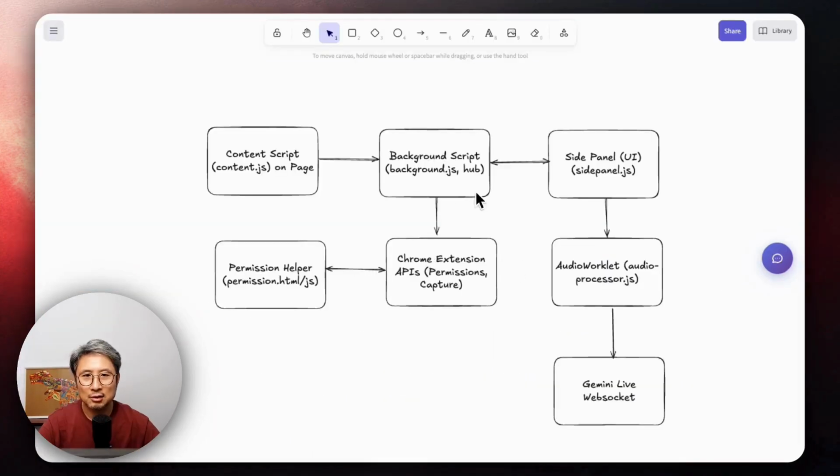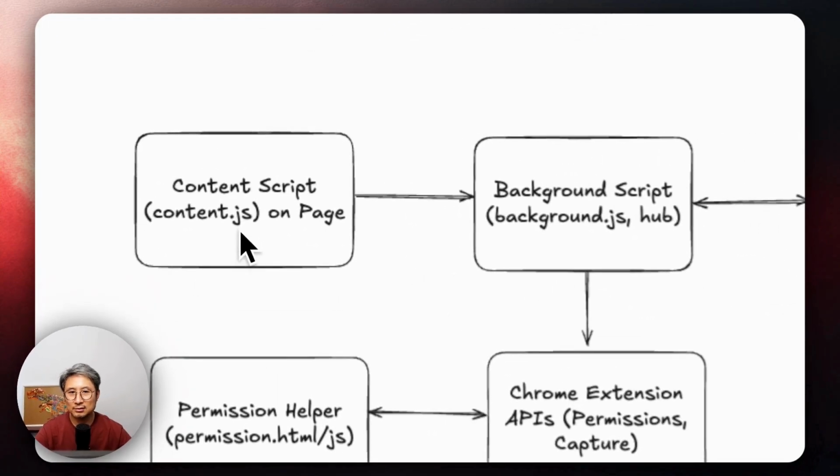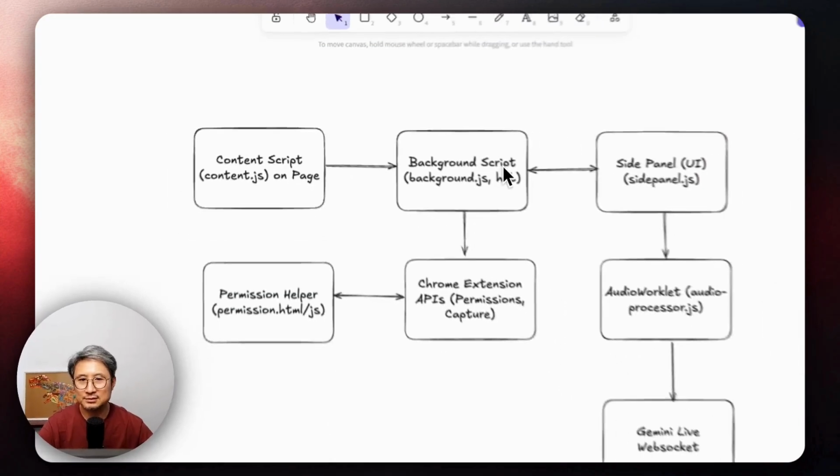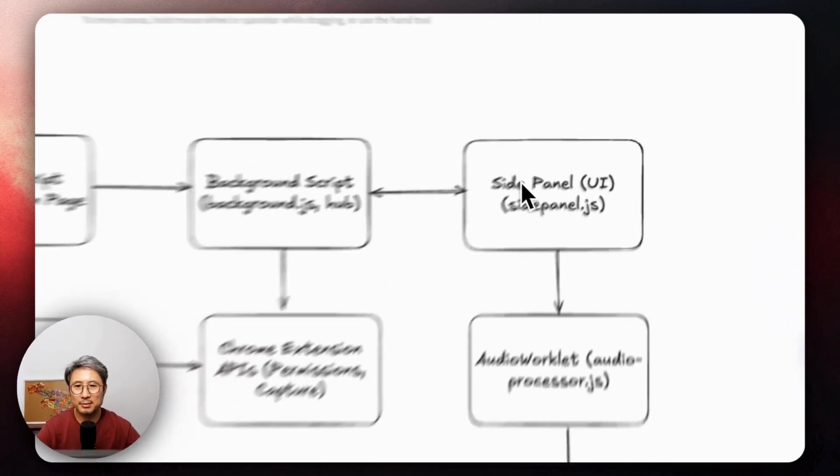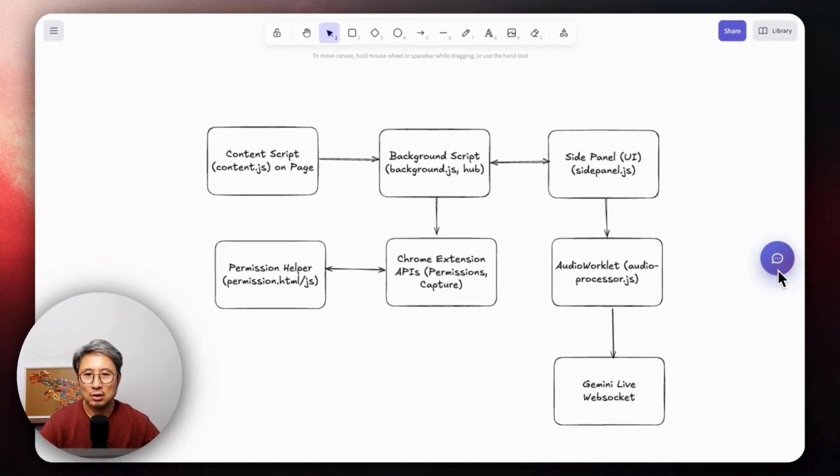So here's how it works in a typical interaction. First, the user clicks the floating chat button on a web page, and the content.js file sends a message to the background script in background.js, which works as a hub to send a message to the side panel UI to open the UI.